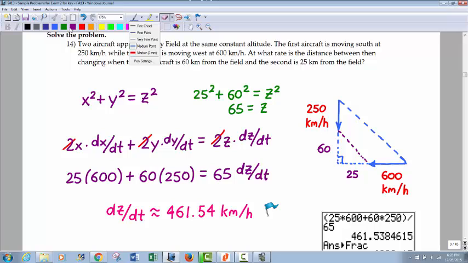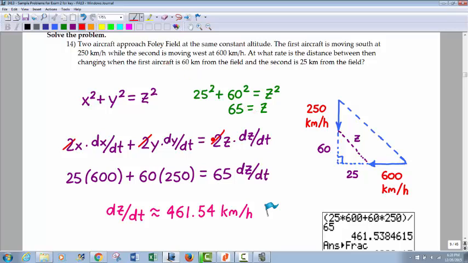In other words, that's our z right there. So you solve that and get 65.